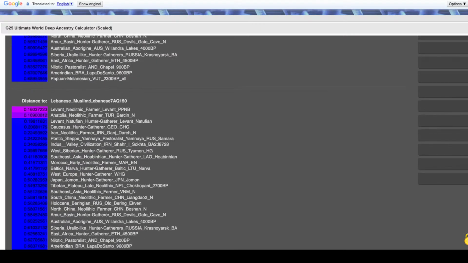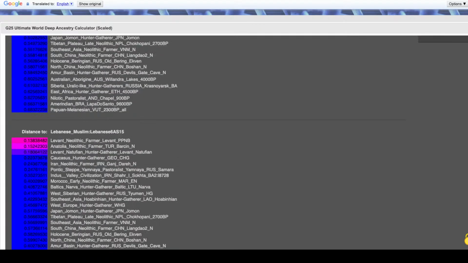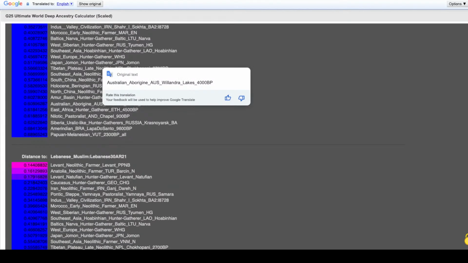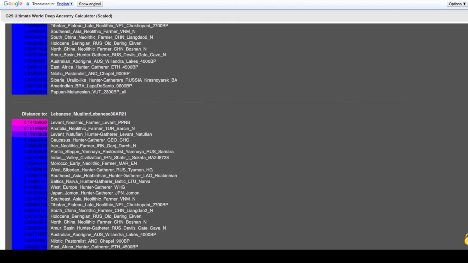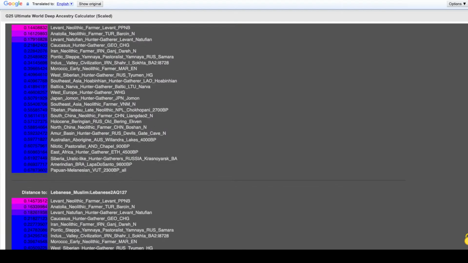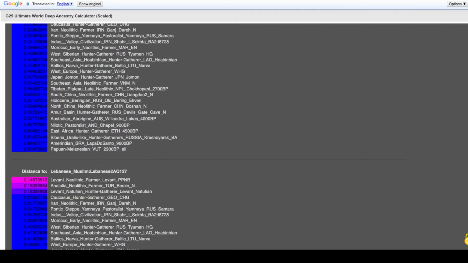But I do see a difference, and when we look at ADMIXTOOLS 2 we'll be able to see the difference between the two. There's definitely a difference between them. So we'll be able to see that.